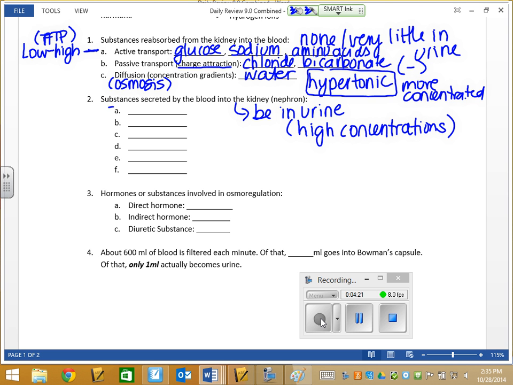So the first three that I'll mention are all the result of deamination, which happens in your liver. They are ammonia, urea, and uric acid. So those are all waste products that your body is making that will be in your urine.